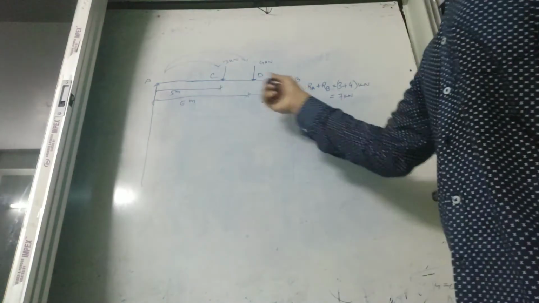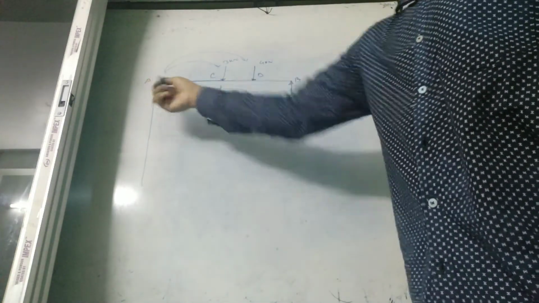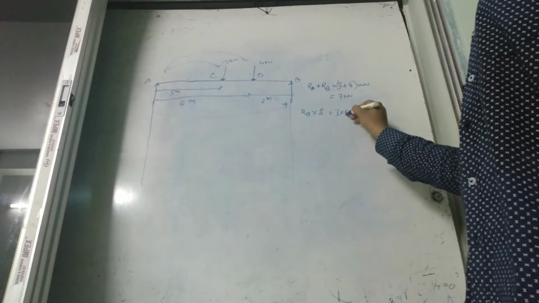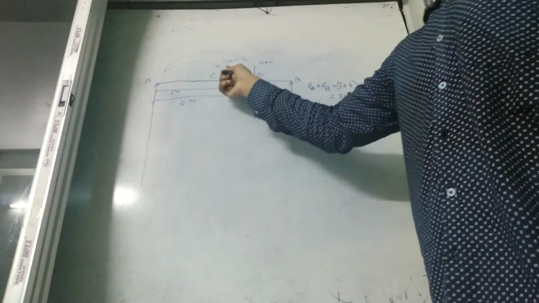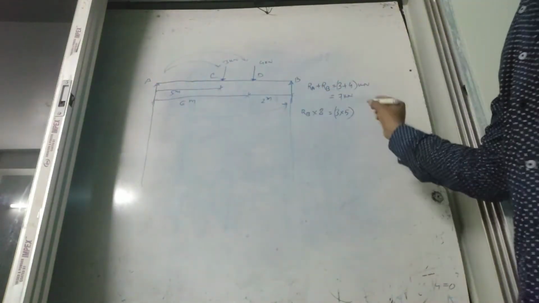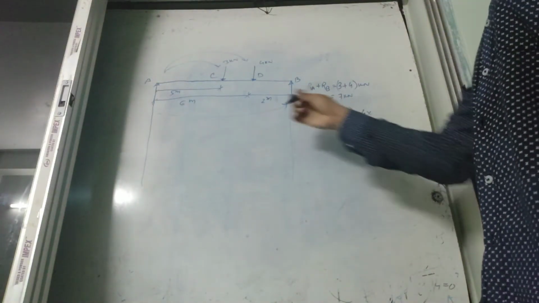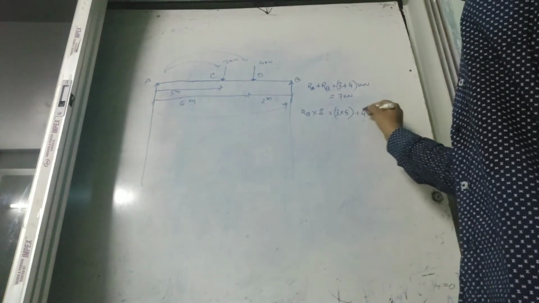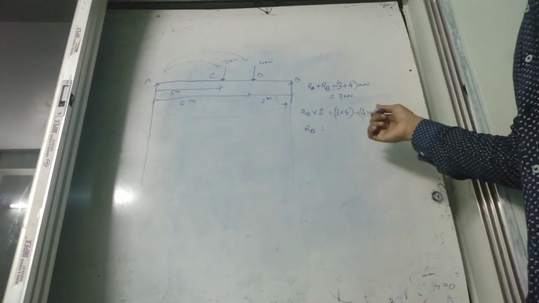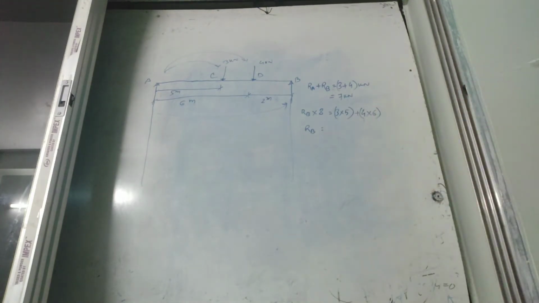The distance of B from A. Okay, now the load 3 into 5 meter, 3 kilonewton acting 5 meter from point A, and 4 kilonewton acting at 6 meter from point A. So RB is equal to 15 plus 24 divided by 8.